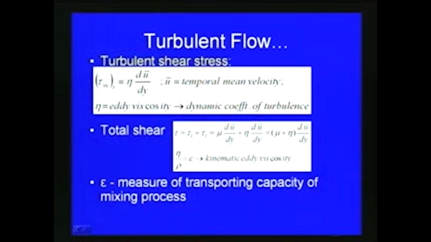As we have seen in earlier cases, in some of the slides, a lot of mixing takes place in turbulence. That means due to the turbulence and mixing process, transport takes place, and epsilon is a measure of the transporting capacity of the mixing process whenever you consider mixing in turbulence.